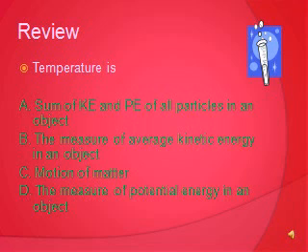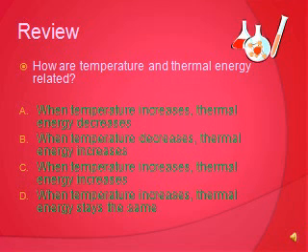Let's consider thermal energy. Do you think the thermal energy is higher, the same, or lower in test tube A than test tube B? If you said that test tube A has slightly more thermal energy than test tube B, you would be correct. As you can see, test tube A has more mass than test tube B. Therefore, test tube A would have more thermal energy.